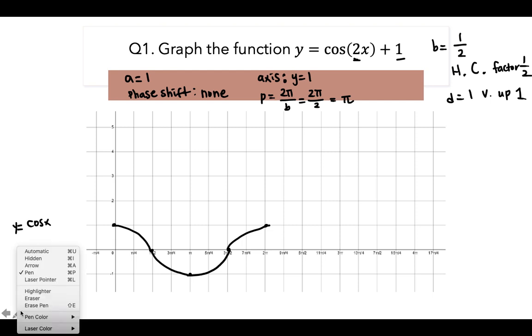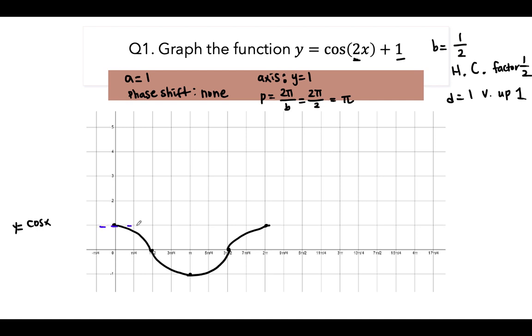Now we are going to do the transformation. When you're doing the transformation, you can do everything all at once except for phase shift. If you have a phase shift, that means I need to see 3 different graphs. First, always label your axis of symmetry. In this case, my axis of symmetry is at 1.